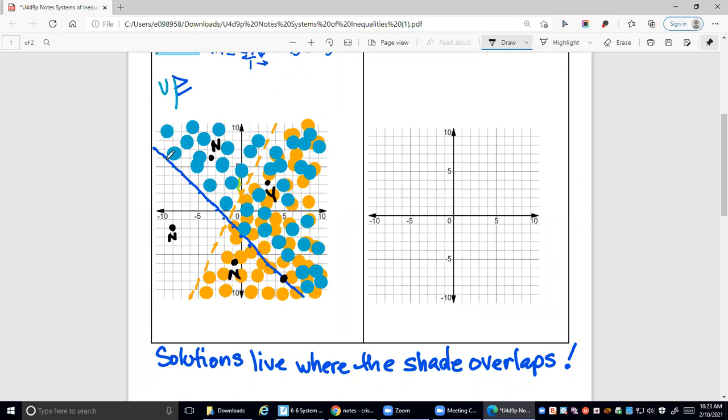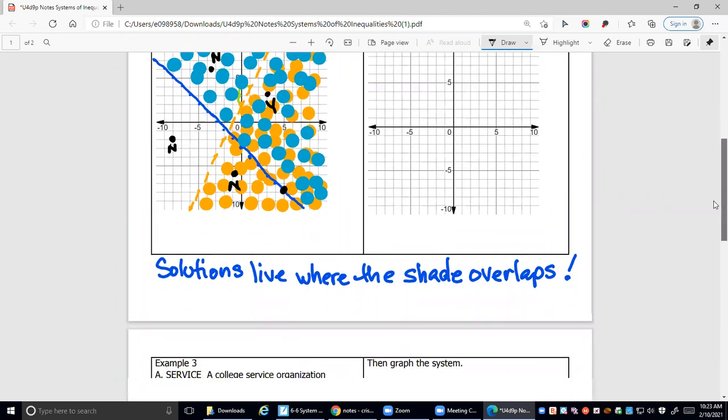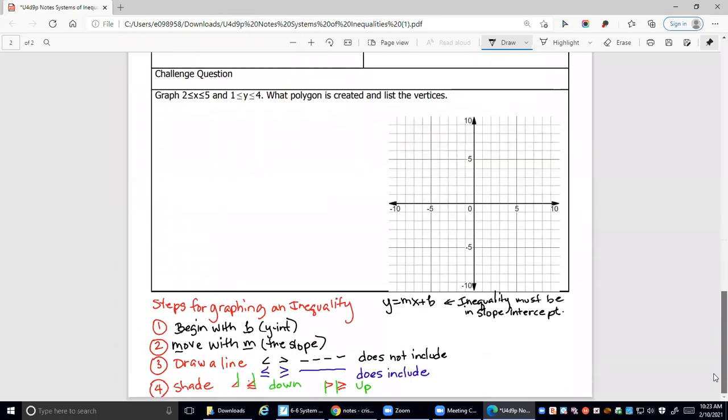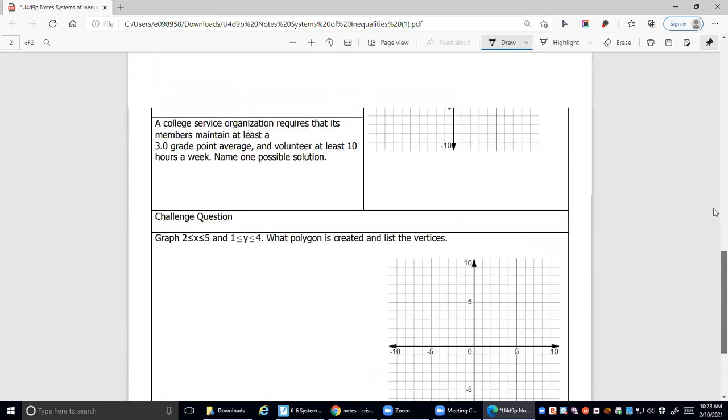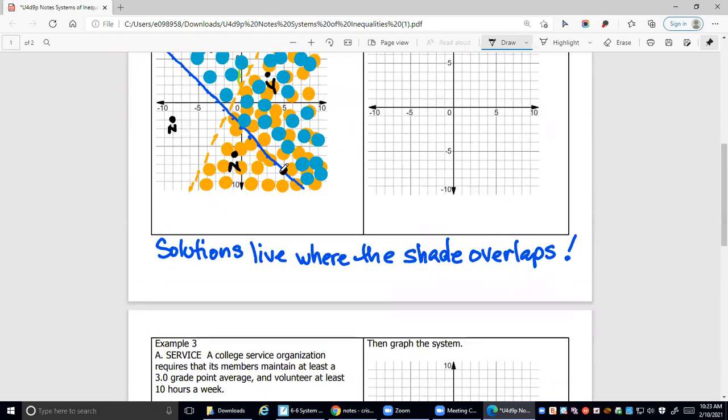Does this line include values? We would look at our notes because we took really good notes, right? Which one includes, the solid or the dash? The solid, right? So since it includes it, then yes, it satisfies the blue and the orange.